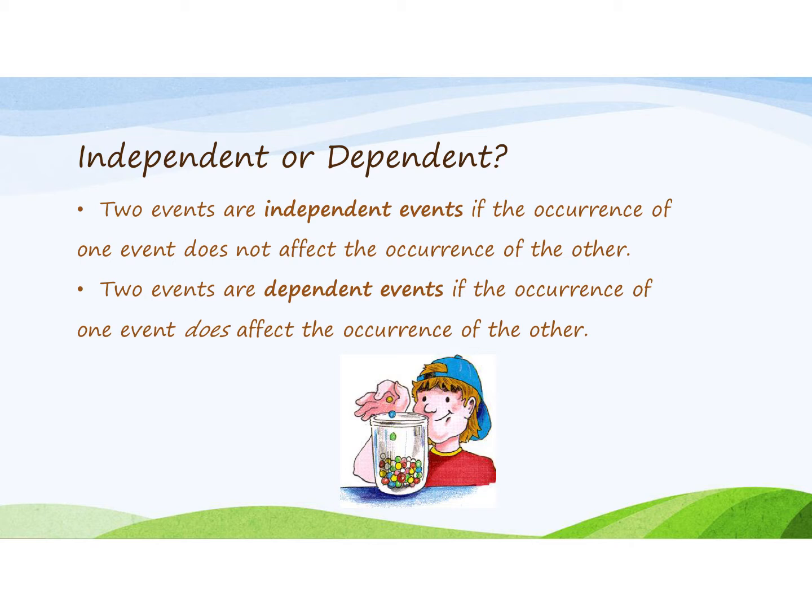Now, when two events are dependent, that's when the occurrence of one event affects the other. Like the picture there, let's say you have a jar of marbles. If it asks you the probability of drawing a red marble first and then a blue marble second, and you don't replace the marble after you pick the first one, that would be considered a dependent event, because once you take out a marble from the jar, the probability you're going to calculate for pulling the second marble will change.